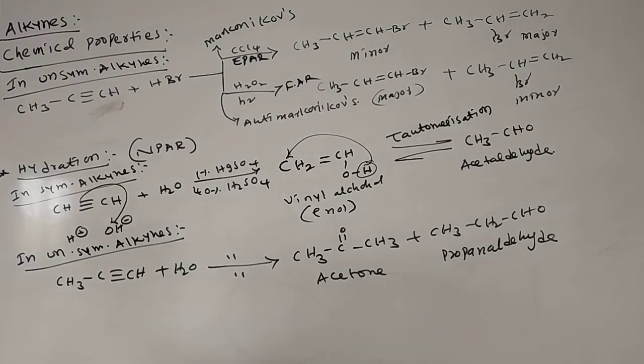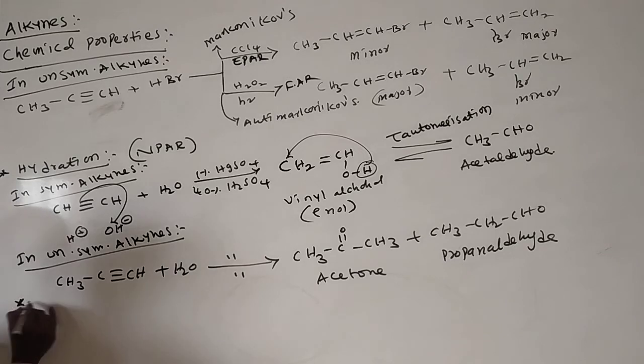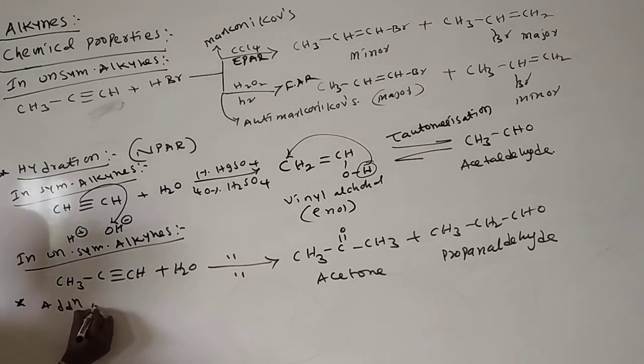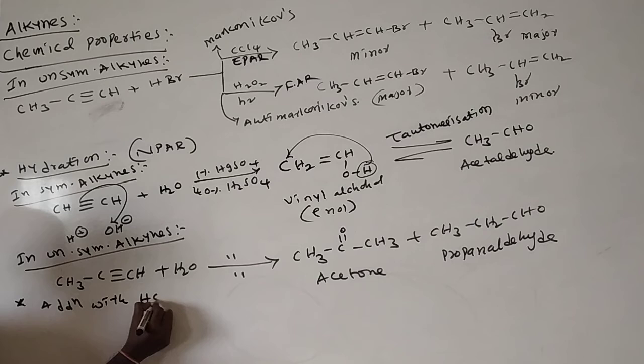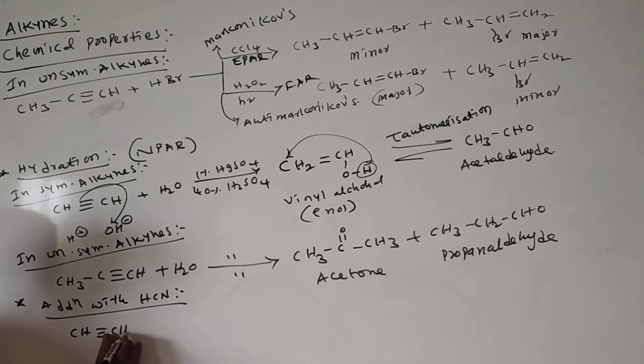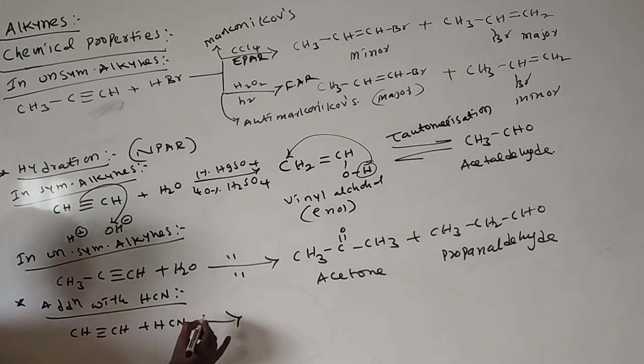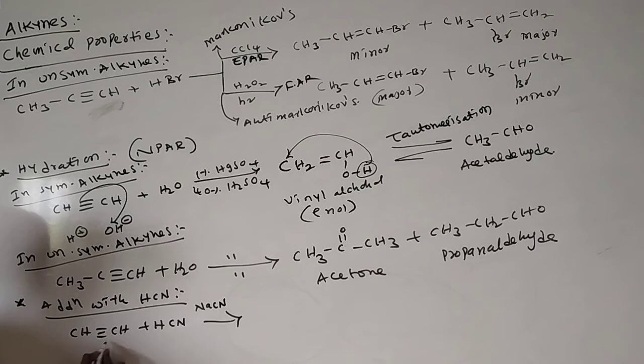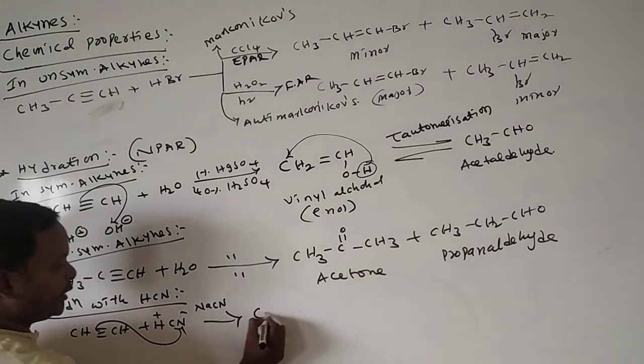So that is about the hydrohalogenation. Okay, in continuation, we'll see one more addition with hydrogen cyanide. You take acetylene, add hydrogen cyanide as usual, in the presence of sodium cyanide or cuprous cyanide or calcium cyanide. Same, H plus CN minus. It is attached to the nucleophile. It is also one of the nucleophilic addition reactions. And what we get?